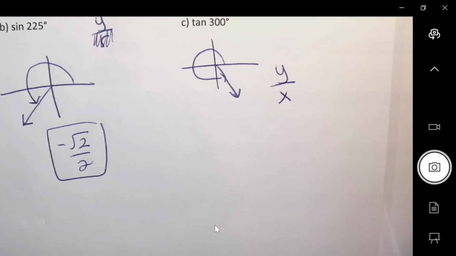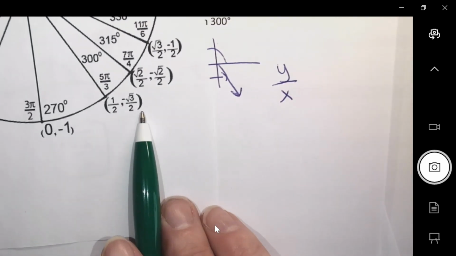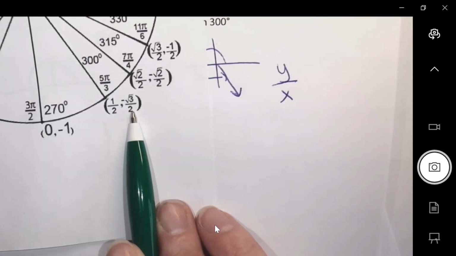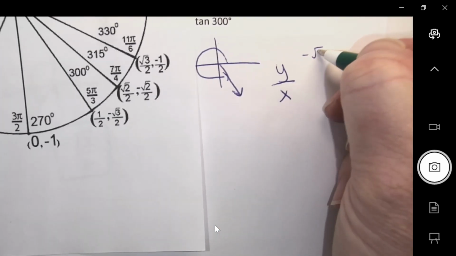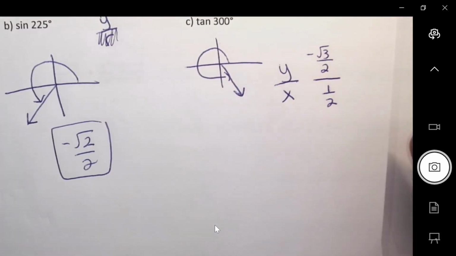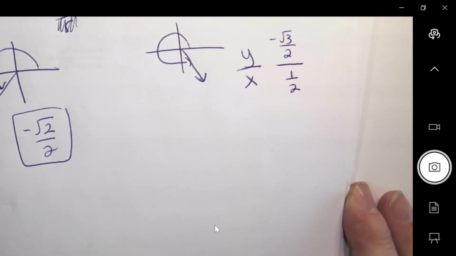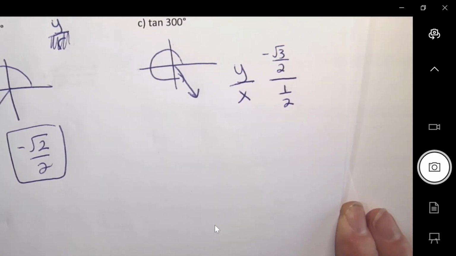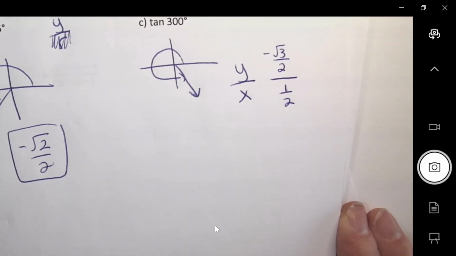There's no r. I can't scratch anything off. So I'm going to replace the y value with negative root 3 over 2 and the x value with 1/2.